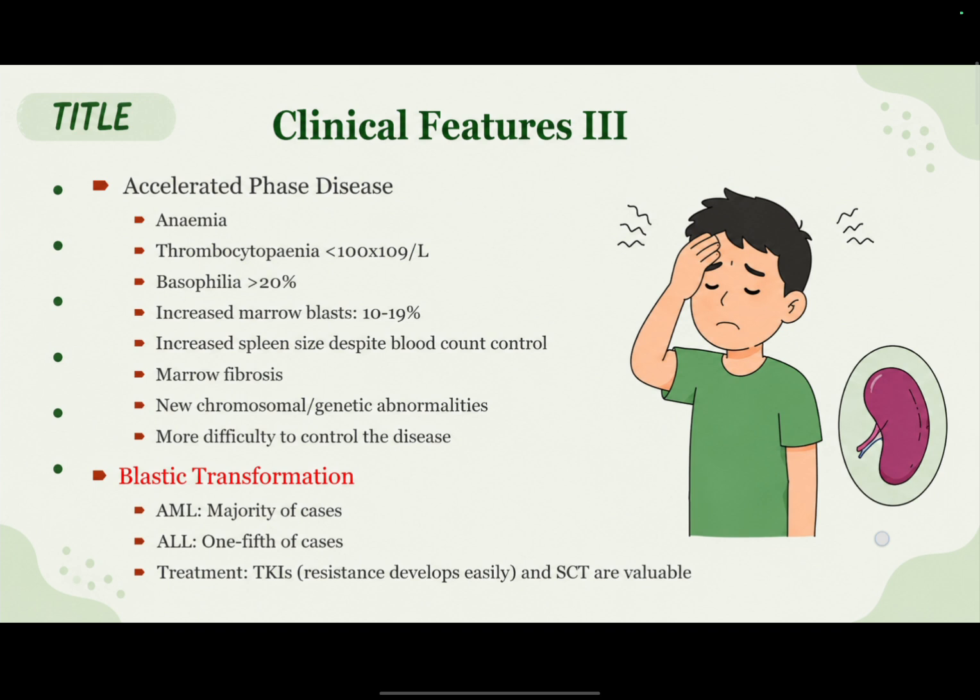The terminal stage is blastic transformation, where CML transforms into an aggressive acute leukemia. In majority of cases, it transforms into AML, but one-fifth of the cases are reported as ALL, acute lymphoblastic leukemia. In blastic crisis, traditional tyrosine kinase inhibitors show poor efficacy because resistance develops rapidly.